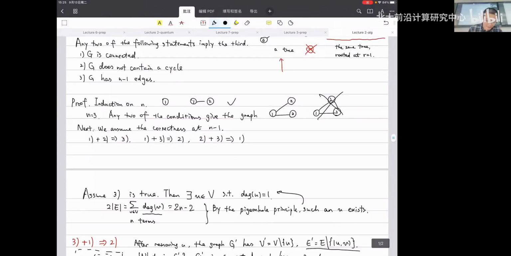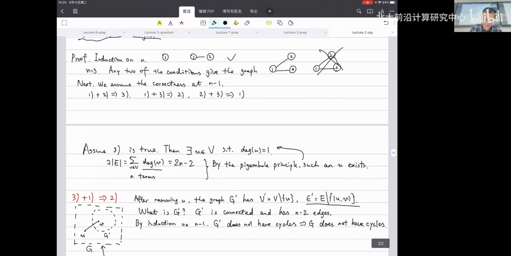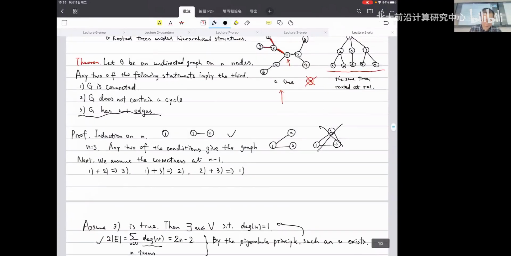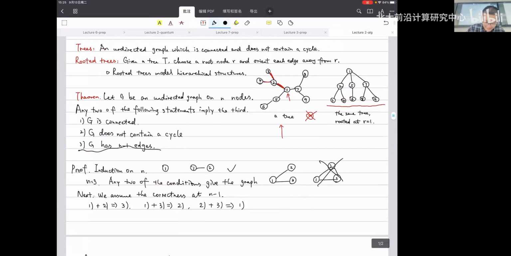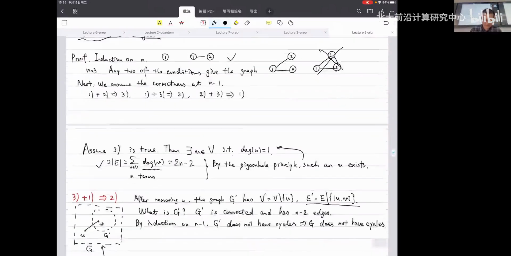No, we still assume 3. So G has n-1 edges, and this is still correct. Yes.